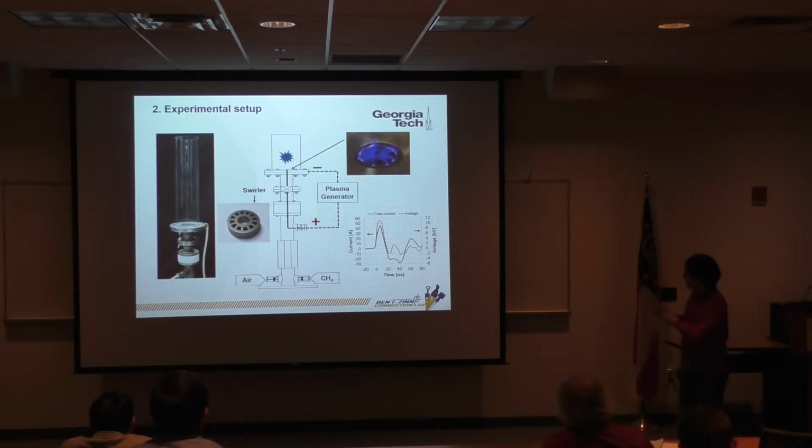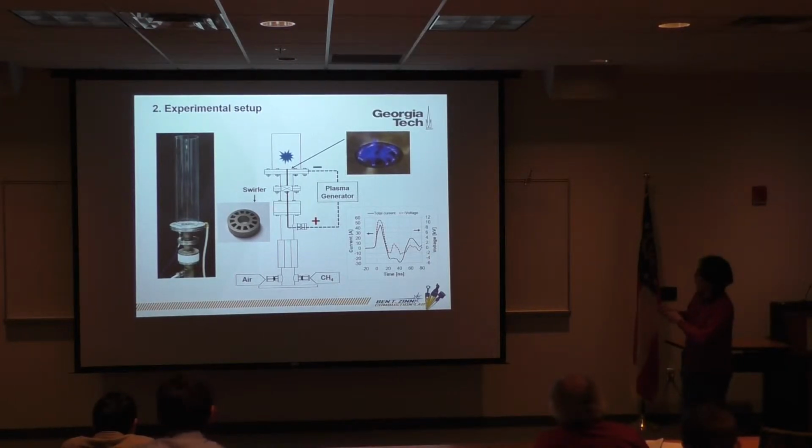This is my experimental setup. Air and methane were mixed in the mixing chamber and fed through the swirler. Also, plasma discharges between the center electrode and the outer rim of the injector tube using the plasma generator.